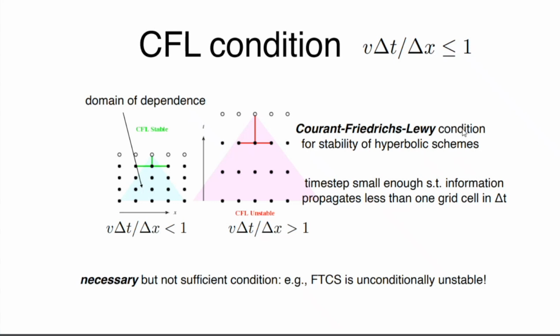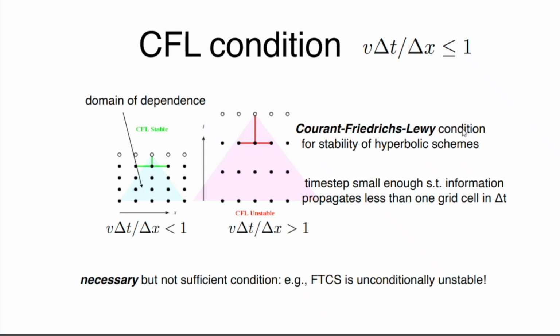If something is happening here, by this time that information hasn't had time to propagate to the point of interest. So what this is telling us is that in the previous time step, only the one left point, the central point, and one right point can affect the solution here, because whatever happens outside is not causally connected.